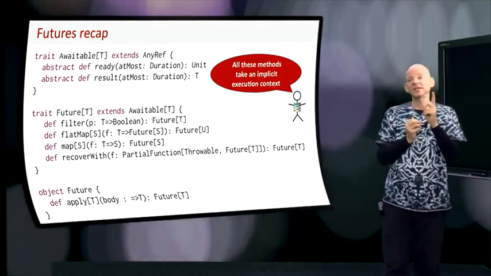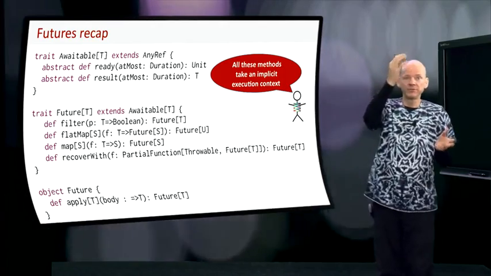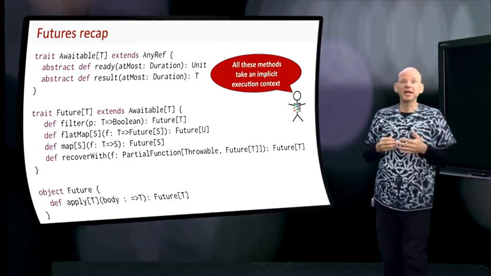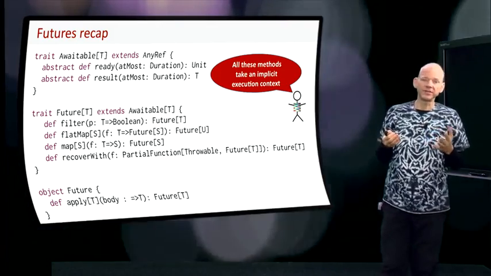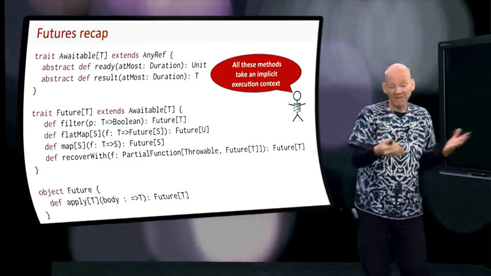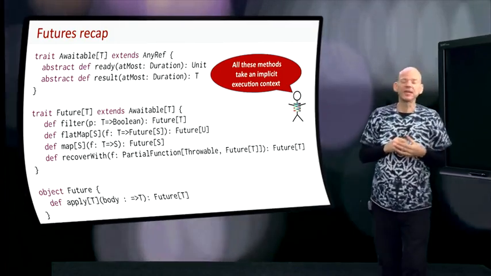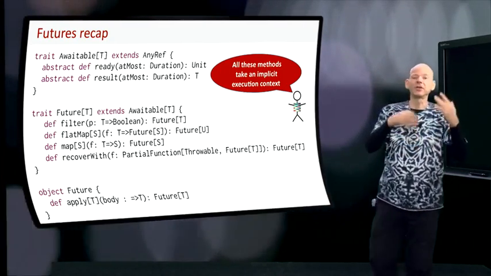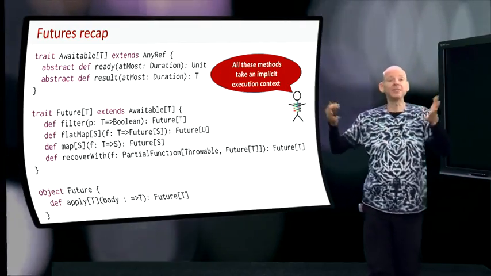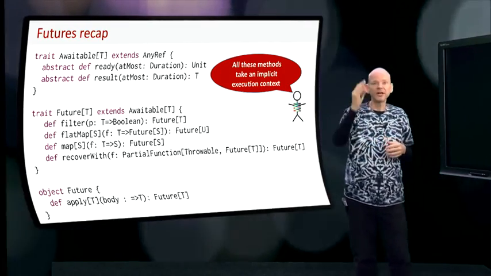But fortunately, futures have a lot of higher order operators defined on them, and you will recognize the same higher order operators that we saw on try and that we see on list and that we see many times everywhere.